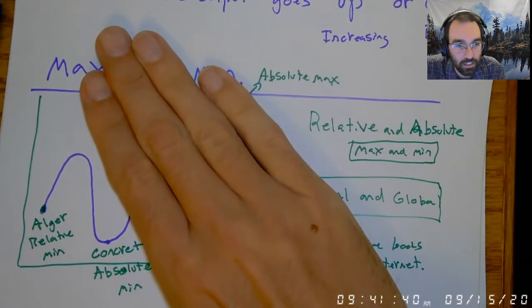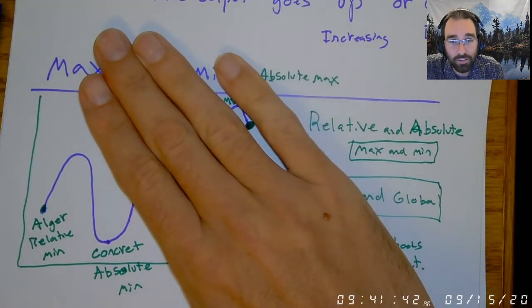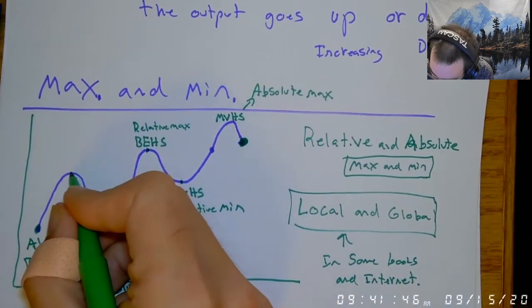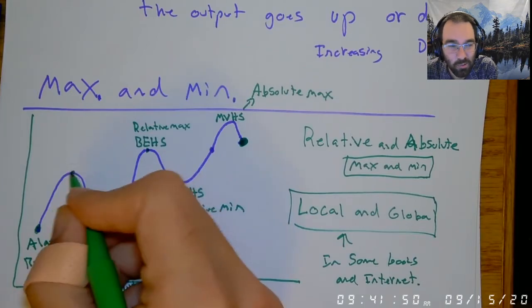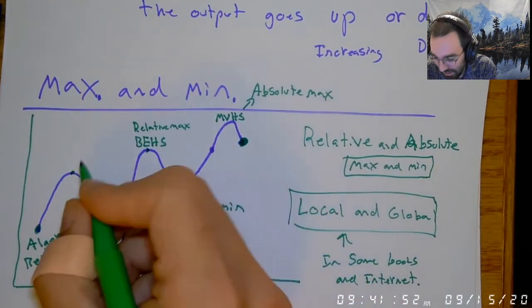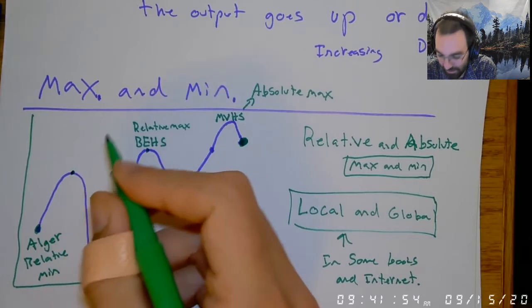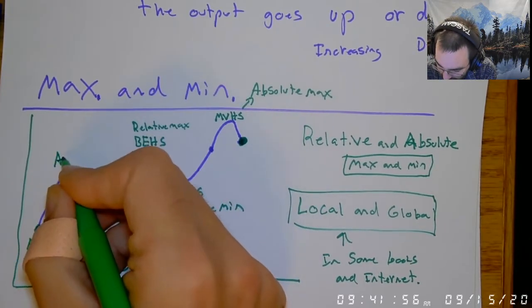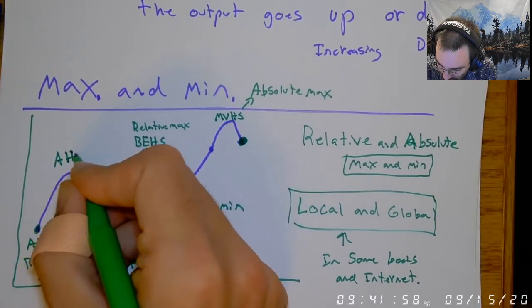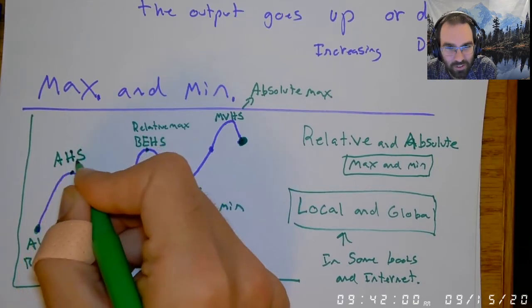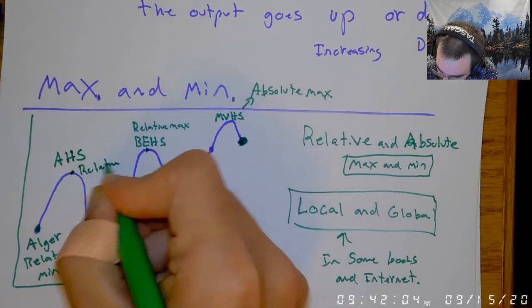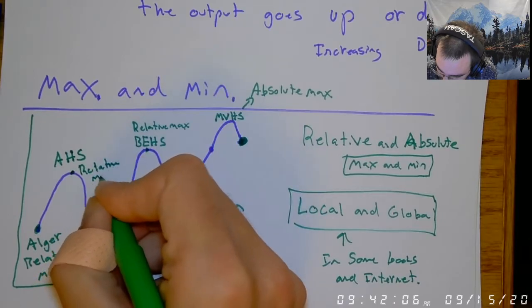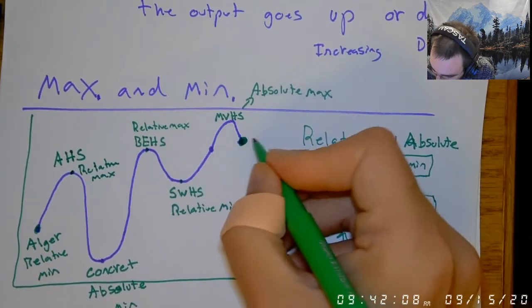If I was just looking at this domain, then Alger would be a relative maximum, wouldn't it? Okay? And then I'm going to put, what's another? I don't want to put Conway. Conway's pretty sweet. How about Anacortes? Is it Anacortes High School? I don't know. Okay, and then here, why don't we put Conway?